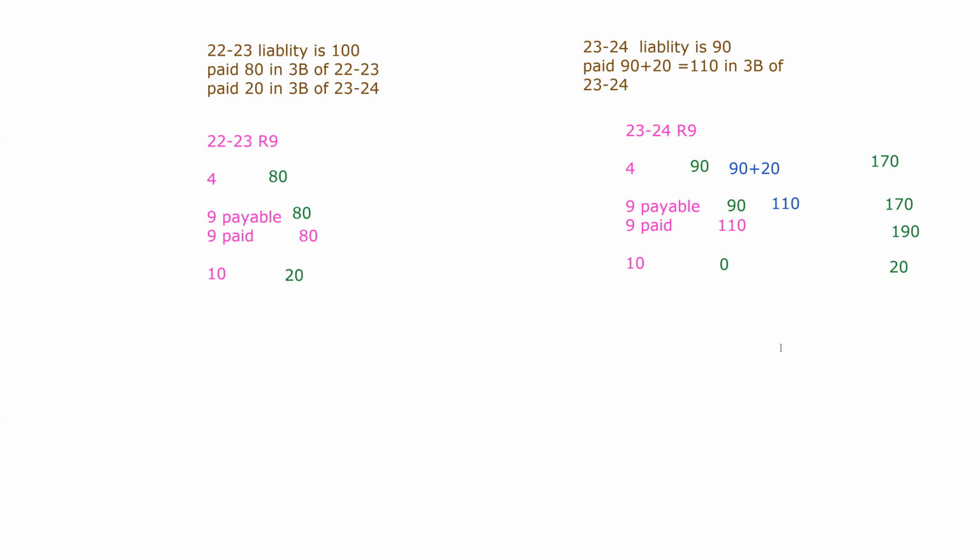Okay. So this I would not agree, because when notices are generated by the system, whatever the 9 paid is showing here, it knows that this payment includes the previous year payment. So the officer can always say that you have to pay 110, and this 110 includes 20 of the last year. There is a short payment of 20.